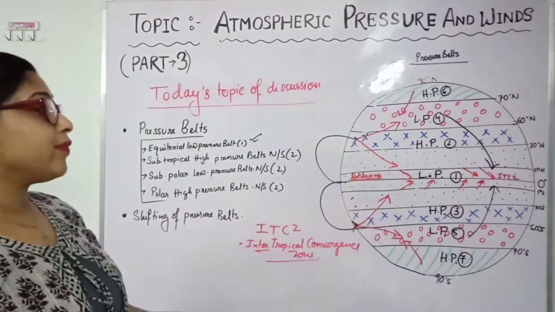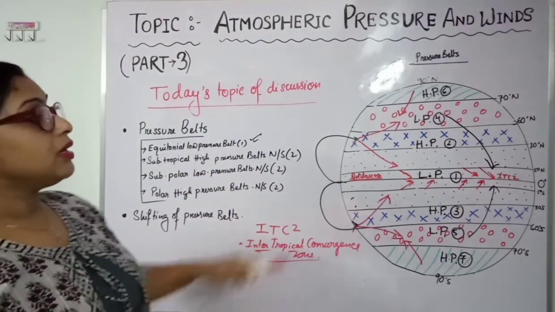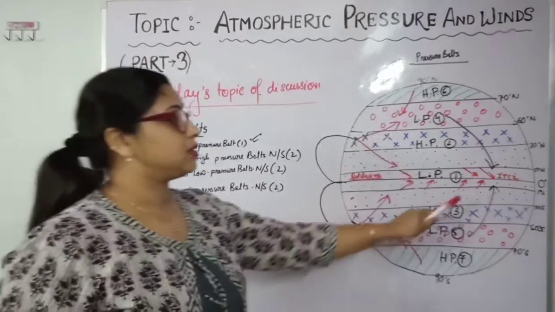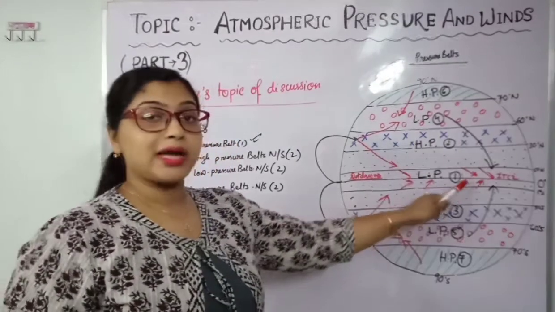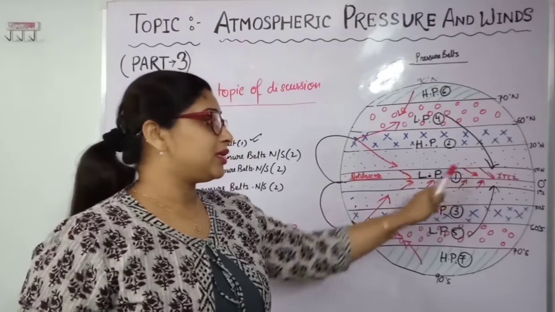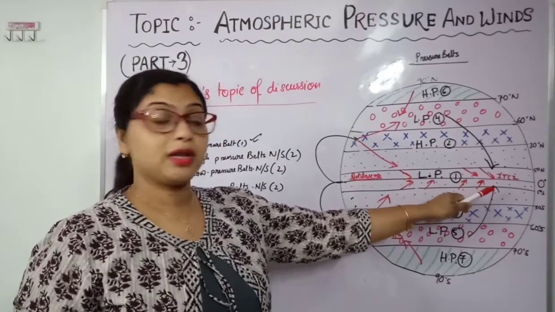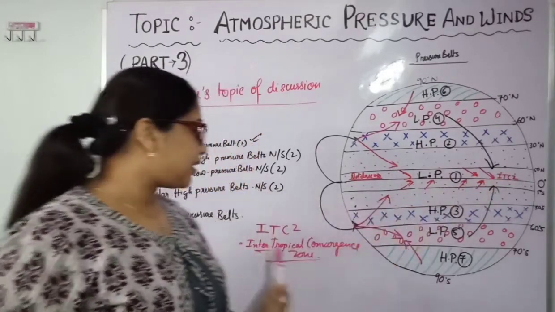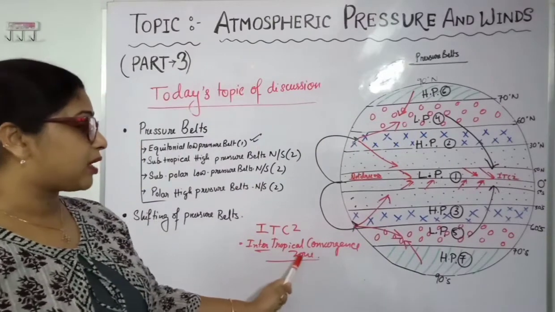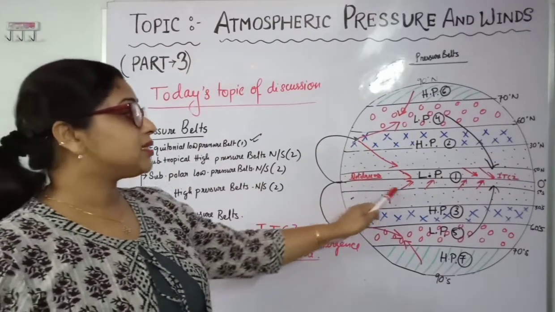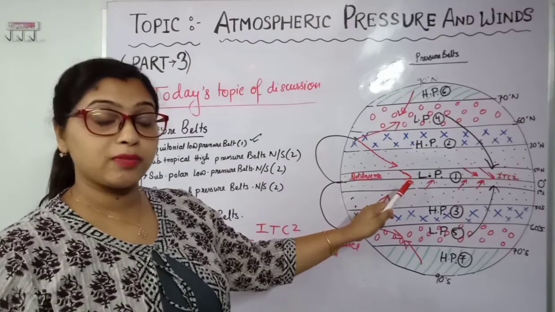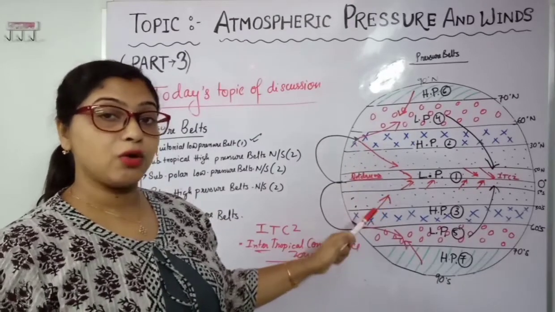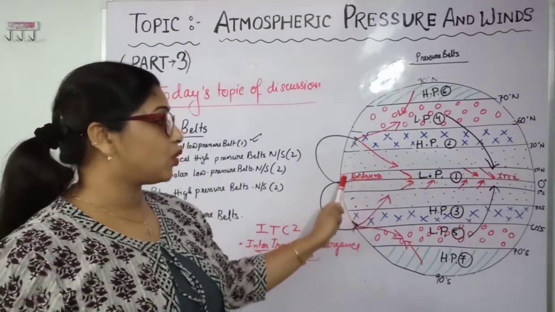So students, what I have explained in this part is that the equatorial part is the doldrum part, or ITCZ, where the northeast and southeast trade winds converge. That's why the name ITCZ is given, intertropical convergence zone. And as we know, horizontal movement of the air is calm, it's gloomy, that's why it's known as doldrum.